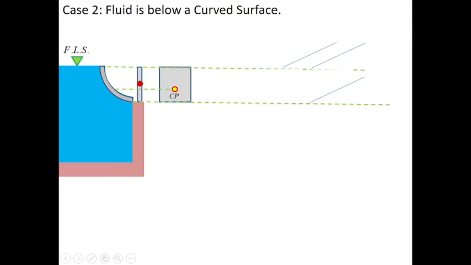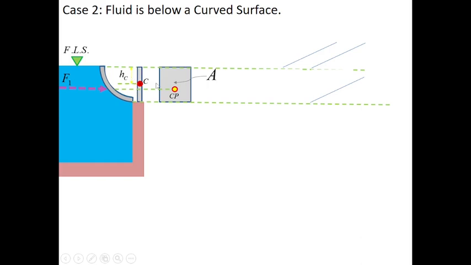Ito yung ating centroid ng area dun sa vertical projection. So, ito yung area ng ating vertical projection. And this is where F1 acts, the horizontal component of the hydrostatic force, at the center of pressure. So, ito yung ating centroid ng area and ito yung HC natin.